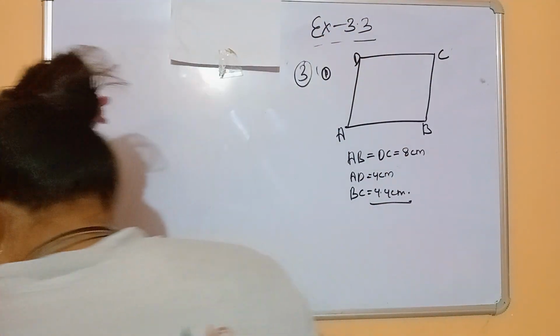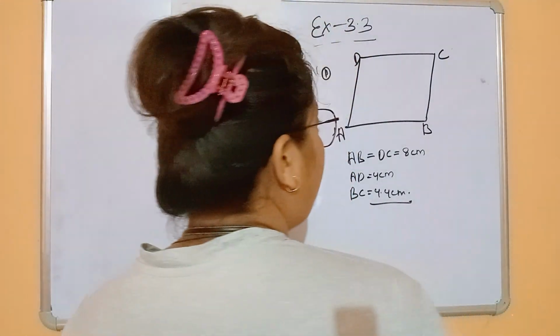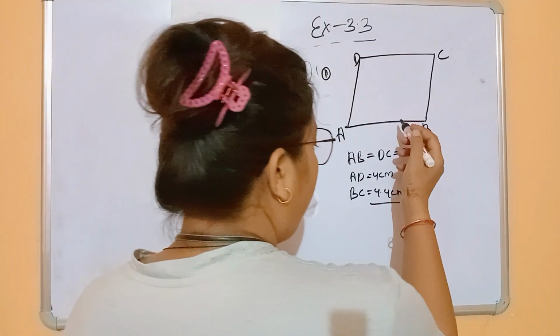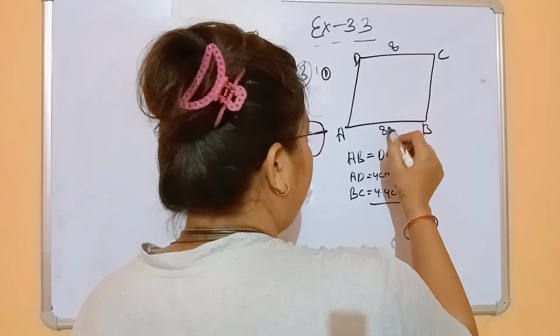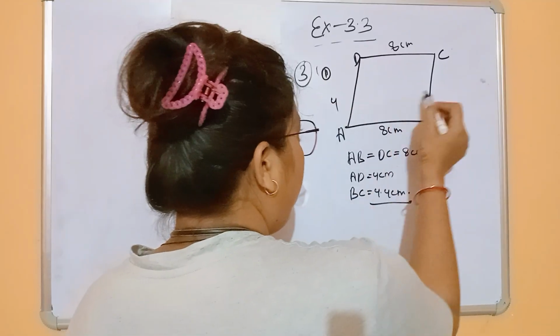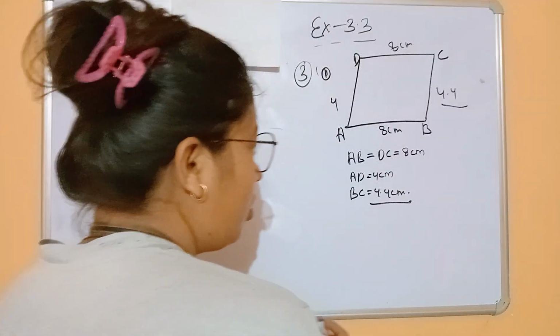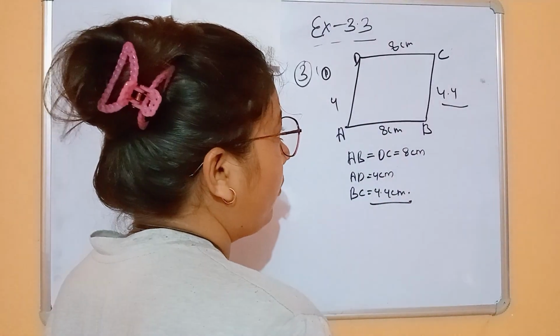We know that in a parallelogram opposite sides are equal. So here, if you put the given sides, here 8 centimeter, 8 centimeter, and AD is 4, here 4.4. That's not possible in a parallelogram, because the property of a parallelogram says opposite sides are equal.